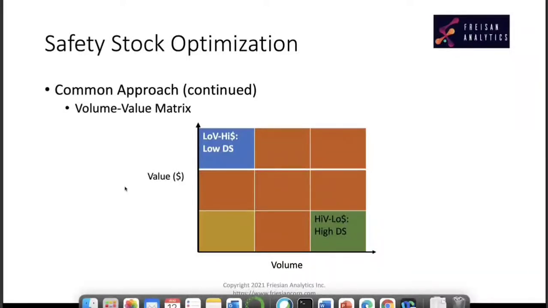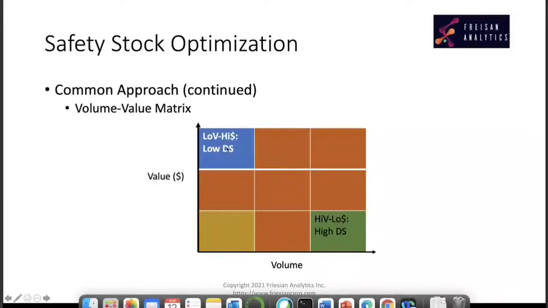If we look at the lower right cell, the green cell, it's a very low value, but it has a high volume, a lot of sizes. And that means we can afford to assign a high DS for them. At the same time, we make customers happy because there is a lot of business in terms of volume.